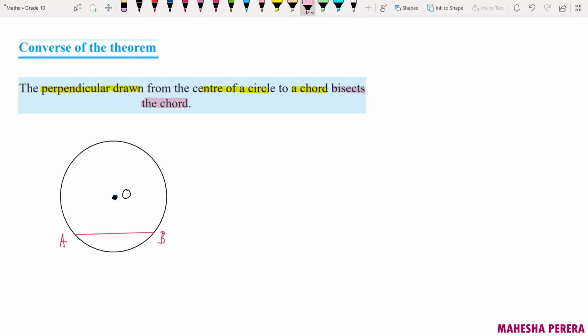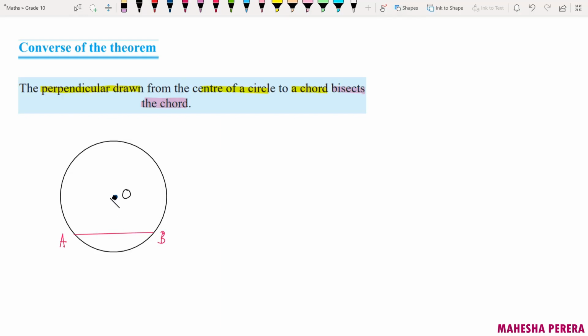This means if we draw a perpendicular line from the center of the circle to a chord, that perpendicular line will bisect the chord. That means the chord will be divided into two equal parts.